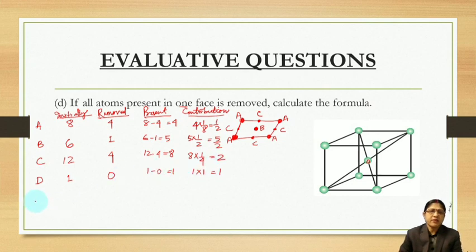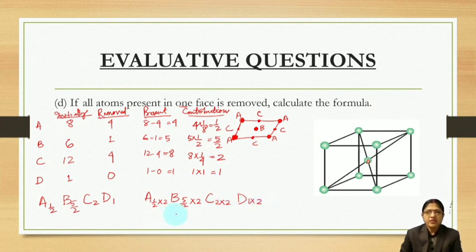Now we will write the formula of the unit cell. A 1 by 2, B 5 by 2, C 2, D 1. Now we will multiply by 2. A 1 by 2 into 2, B 5 by 2 into 2, C 2 into 2, and D 1 into 2.